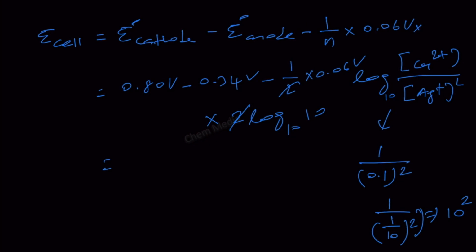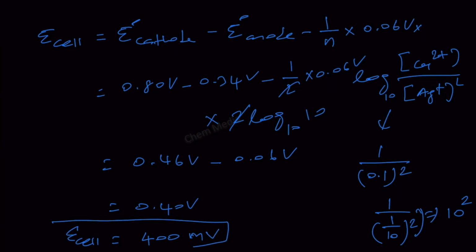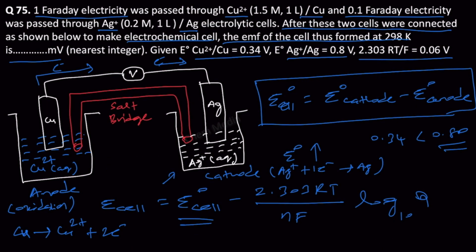So, therefore, this will be 0.46 volt minus 0.06 volt, and that is equal to 0.40 volt. But we need the final answer in terms of millivolts. So therefore this will be 400 millivolt. The EMF of the cell will be 400 millivolt. So therefore 400 is the correct answer here.